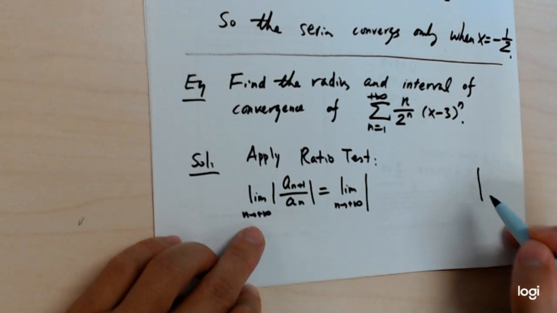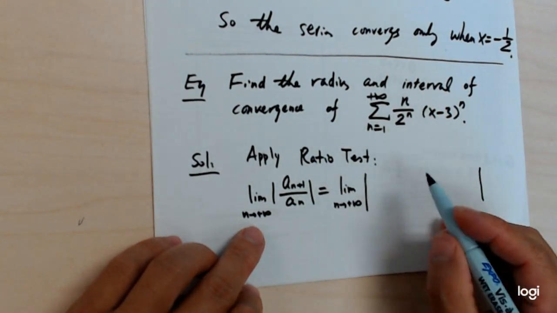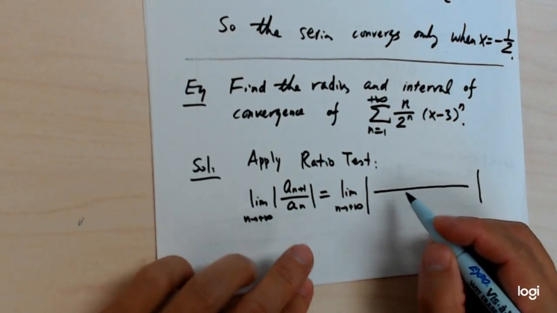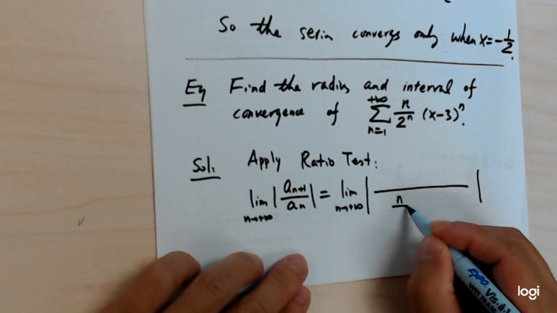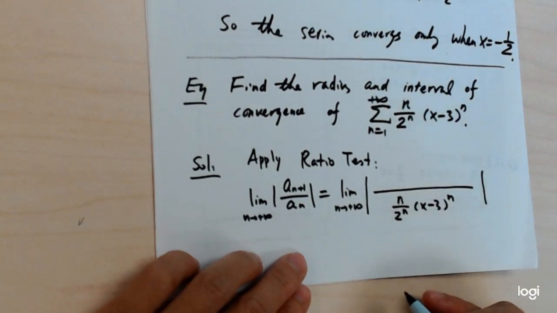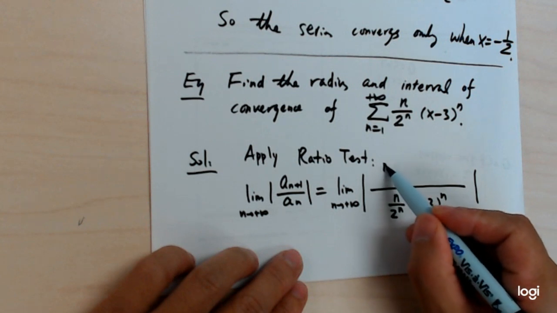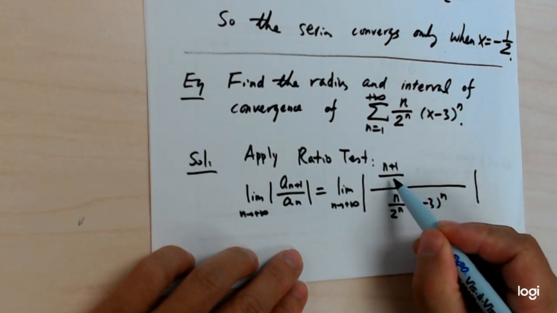Big absolute value sign. A sub n once again refers to this whole piece here, and I will put it down here. That's A sub n. For the top, replace the n with n plus 1.